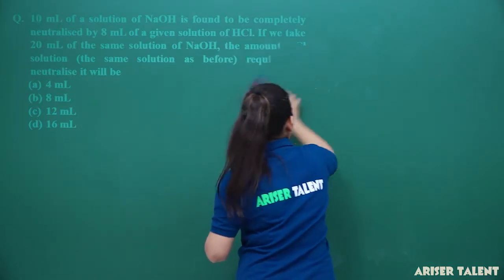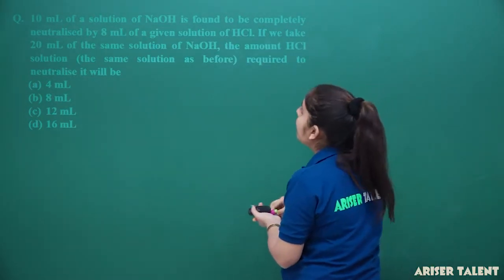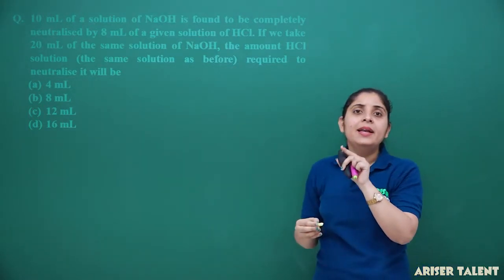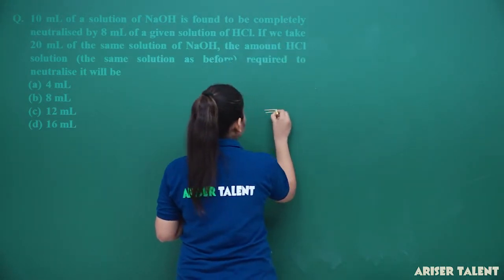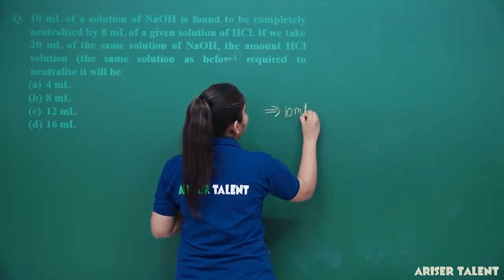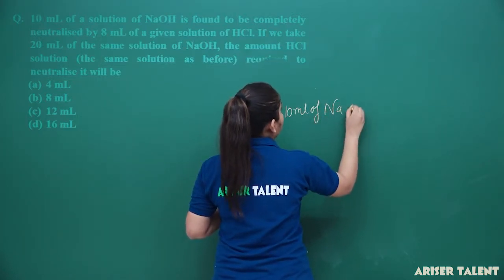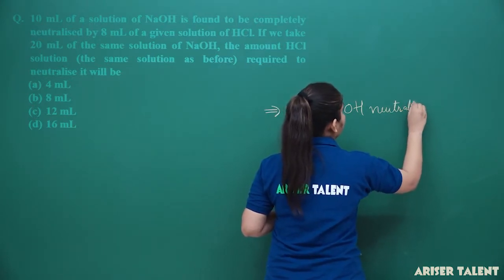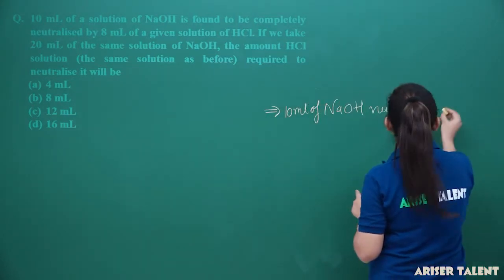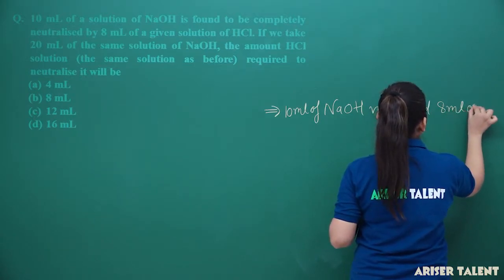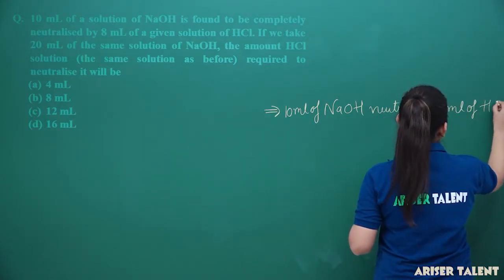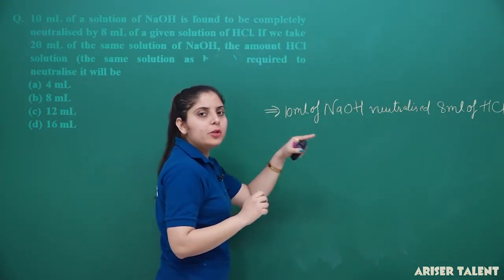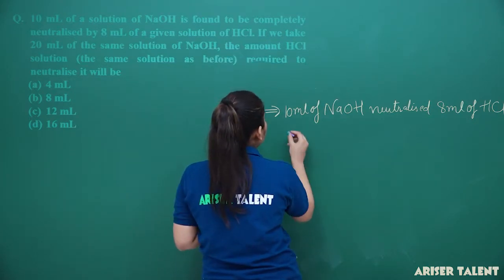What we are provided with: 10 ml of NaOH neutralizes 8 ml of HCl solution. Now we want to find out how much HCl 20 ml of NaOH will neutralize.